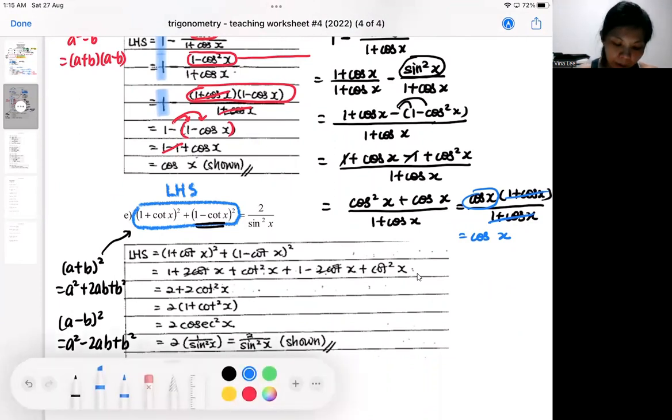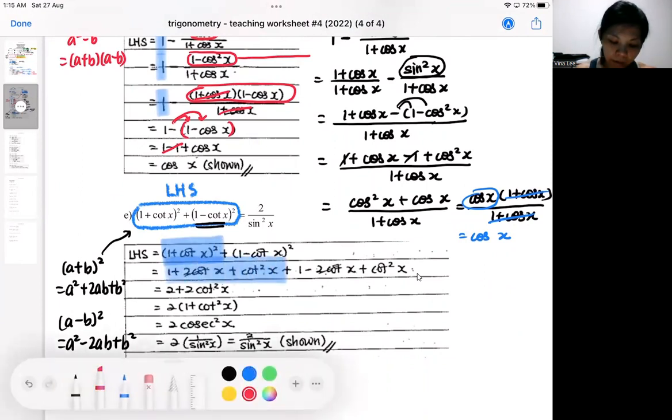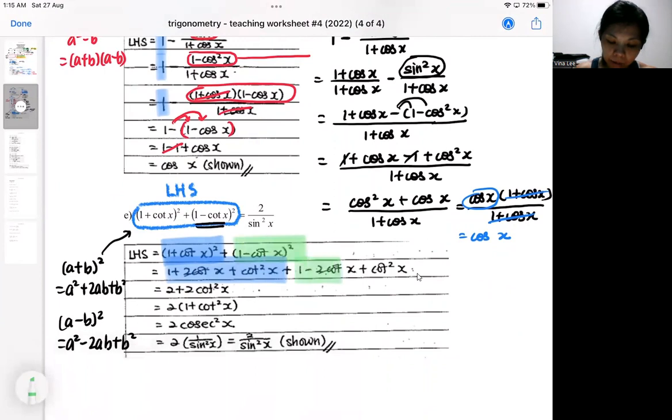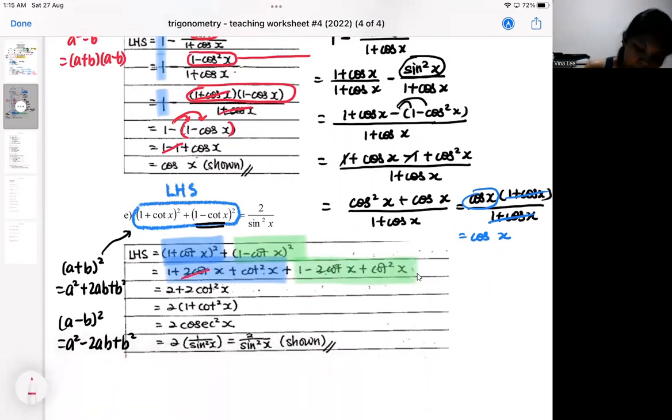So I apply my sec 2 expansion. This one, another sec 2 expansion. So if you apply your sec 2 expansion correctly, you actually manage to cancel the 2 cosine x, the 2 cotangent x, and the 2 cotangent x. And then you also end up with a 1 plus 1. And you also end up as a cotangent square plus cotangent square. So that's how I get a 2.